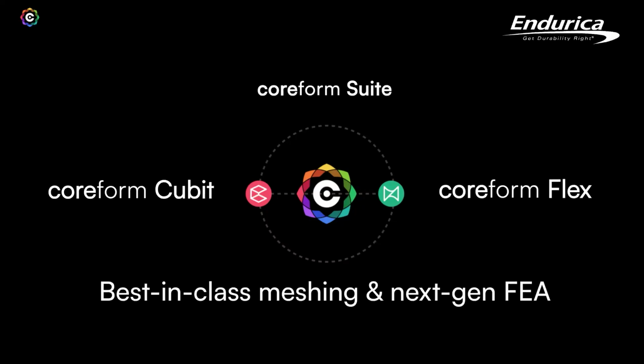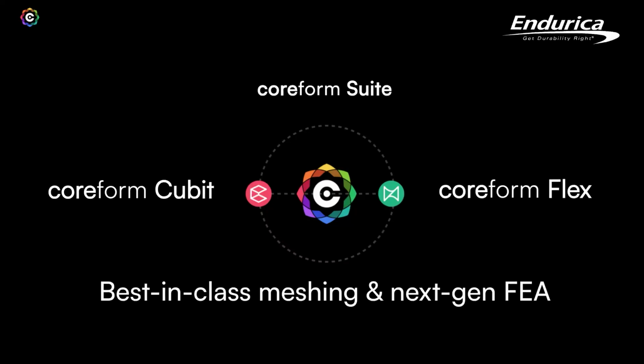If you want to accelerate your entire simulation workflow, and you're even open to introducing a new solver, we've developed Coreform Flex, which radically accelerates the entire simulation workflow with very fast, fully automated preparation of mesh and geometry for simulation. So across that entire spectrum, no matter where you're at, if you want to accelerate your simulation process, then we are interested in talking with you.